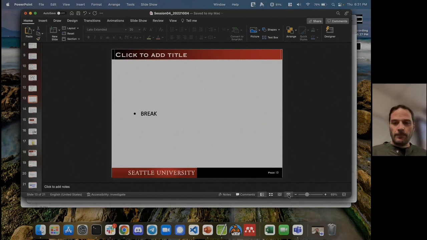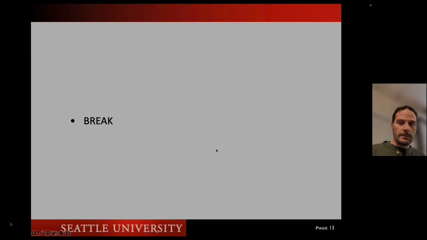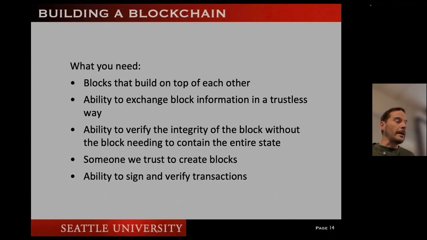Basically, what I want to cover now is essentially how to build a blockchain. Because I think what we have covered so far are all the cryptographic primitives that are needed to build a blockchain. So what do we need? We need blocks that build on top of each other.